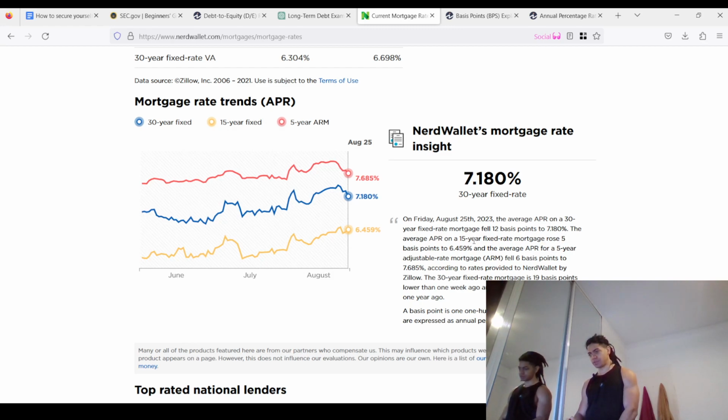The average rate on a 15-year mortgage rose 5 basis points to this.